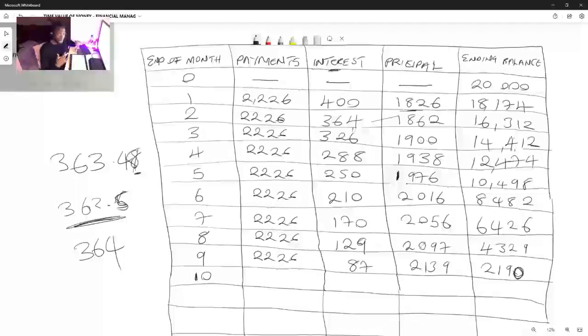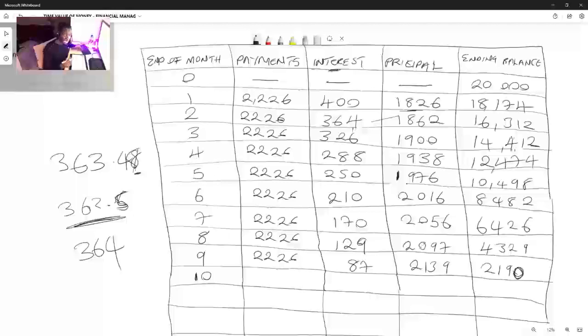Now the goal is to ensure that the amortization schedule is complete by filling in each blank space left in the last period, which in this case is period 10 or month 10. Your ending balance must be zero, right? Your ending balance must always be zero.